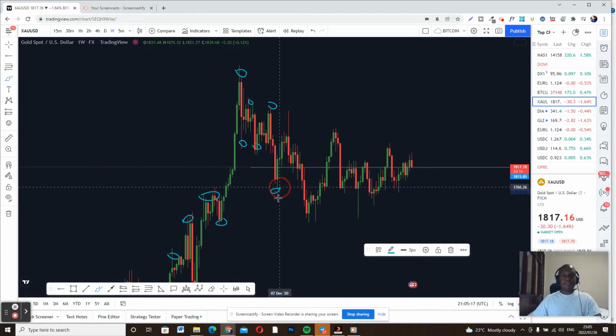So we actually have a swing here aligning with that one. Remember that support and resistance are zones. It's not like one exact price where everything falls. It can differ by some different amount of points.